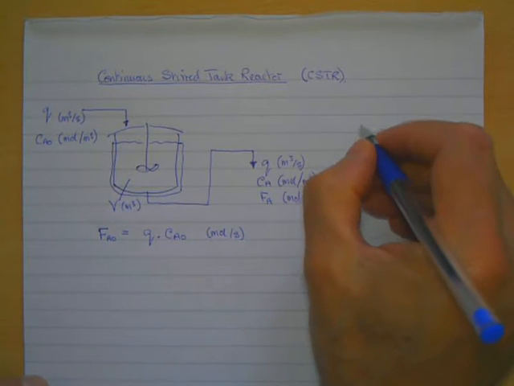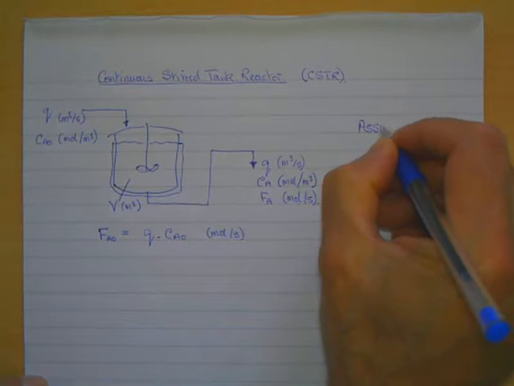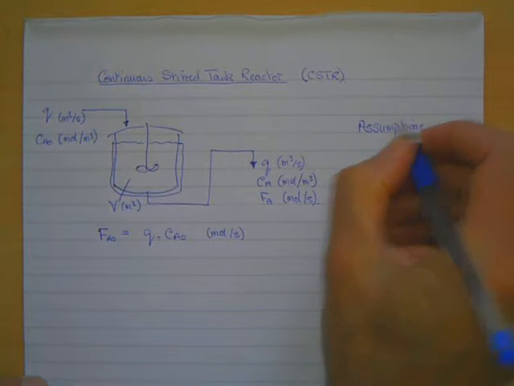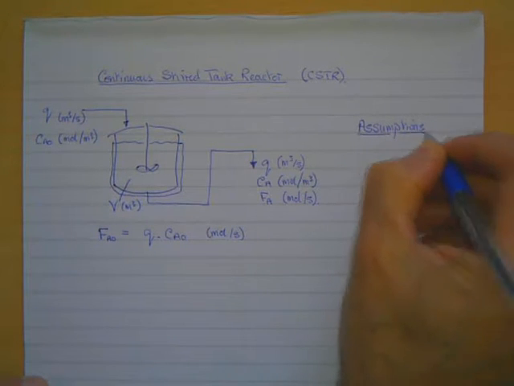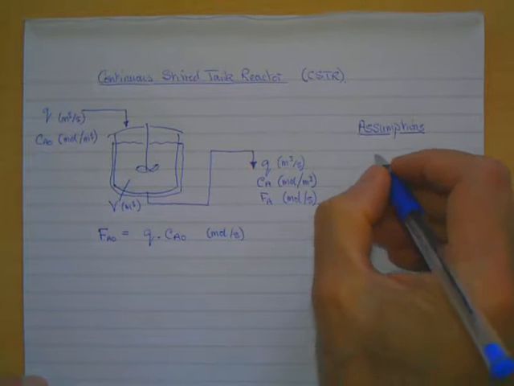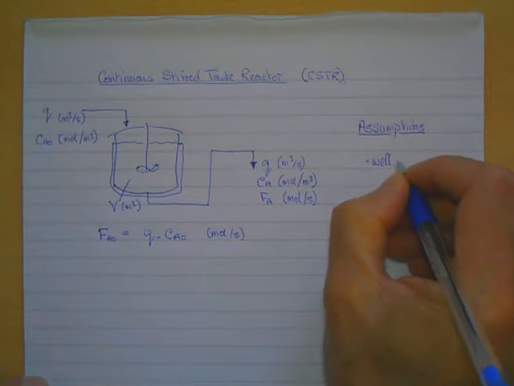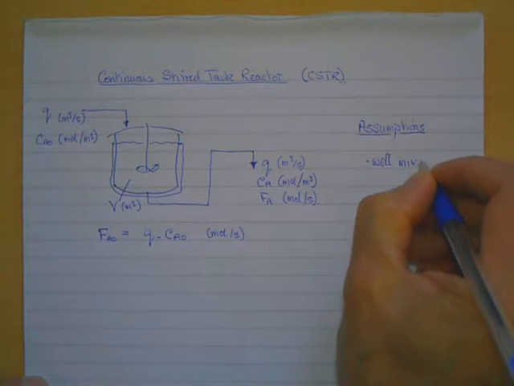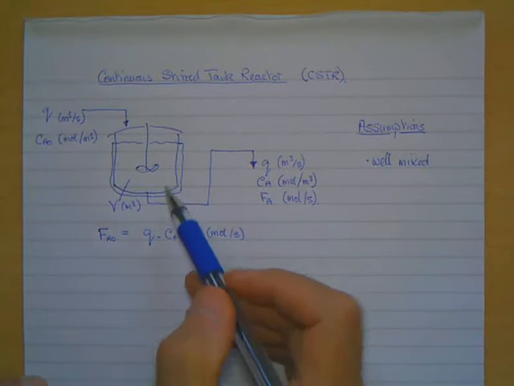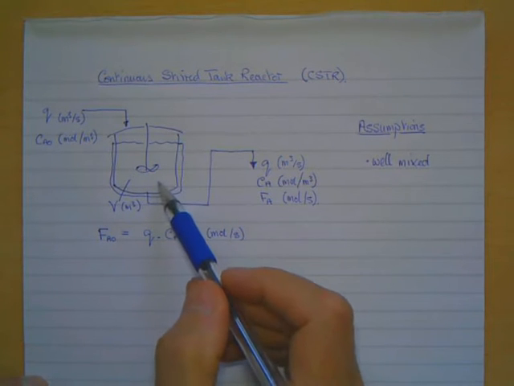Let's just talk a little bit about assumptions, because these are quite important and just help to make the derivation a little bit simpler. So first of all, we're going to assume that the tank is well mixed. So that means that the composition at any point in the tank is the same.